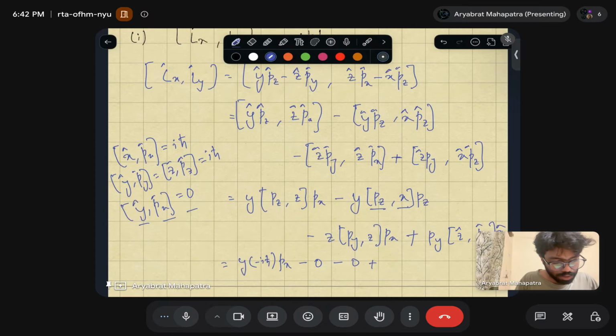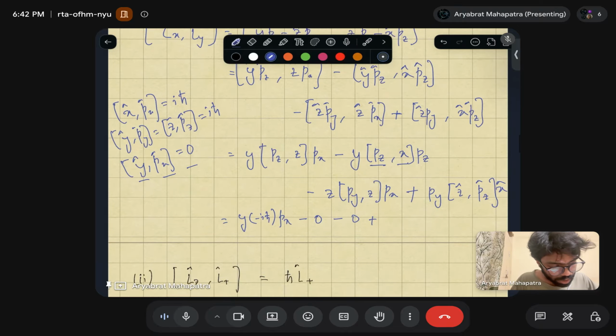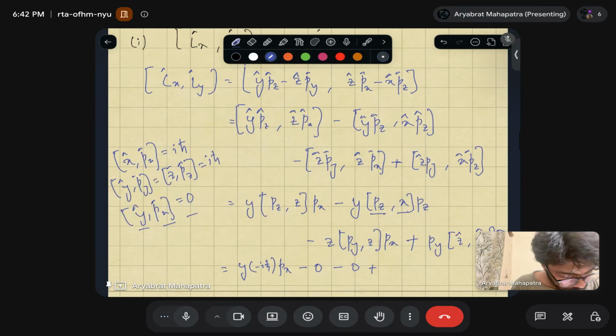So now if you see, I have to figure out in each of these four terms where I will have this kind of pairs: X and PX, or Y and PY, or Z and PZ. From the first term I can get a pair ZPZ.